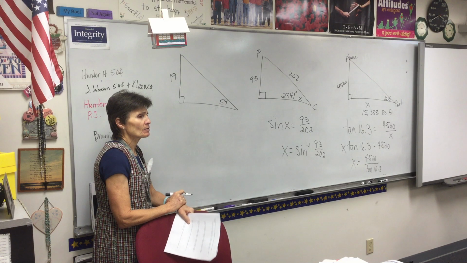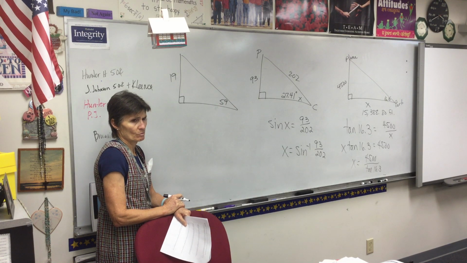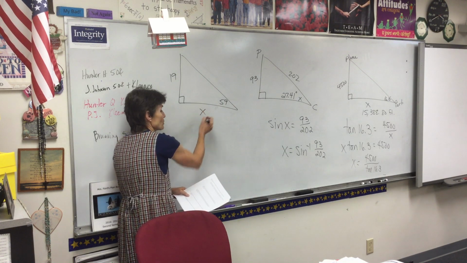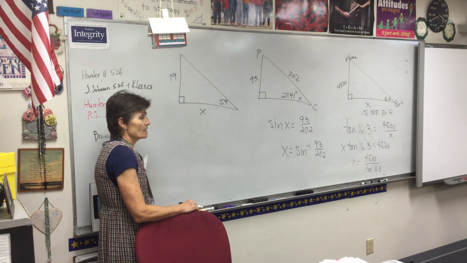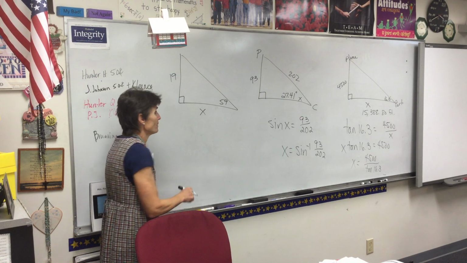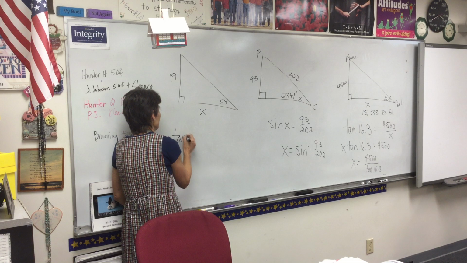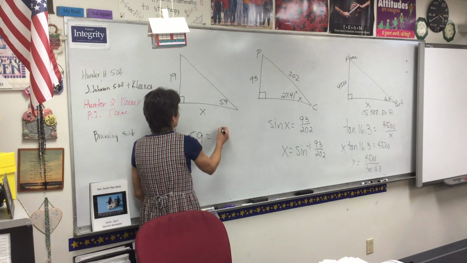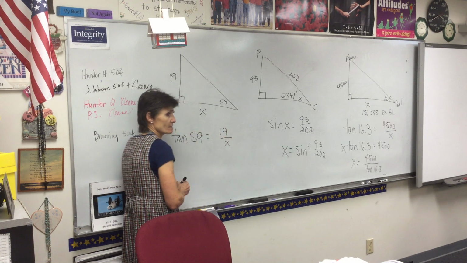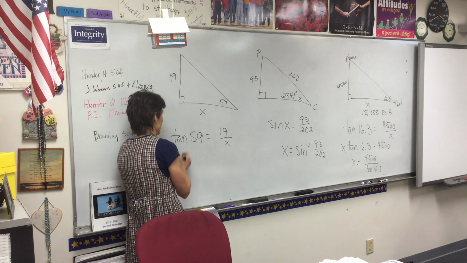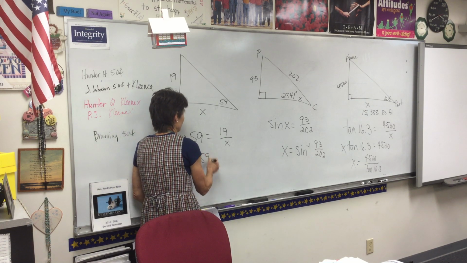Shadows are on the ground, so it'd be the bottom. What equation will you write? Tangent 59 equals 19 over x. And then we will solve.